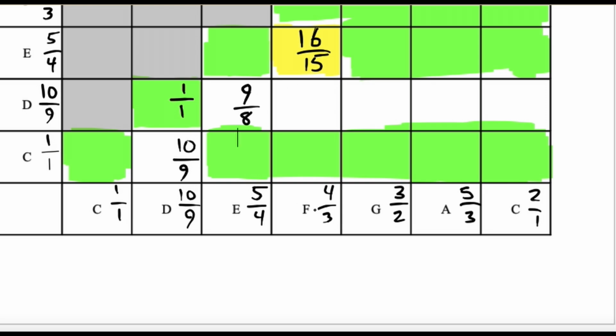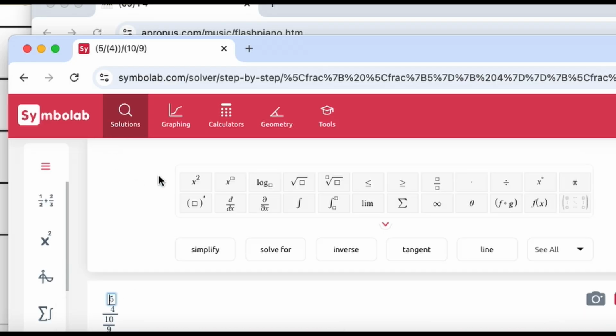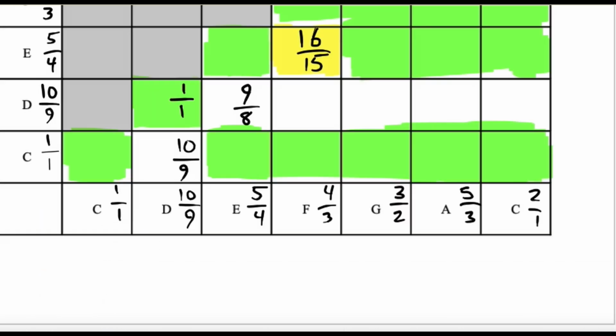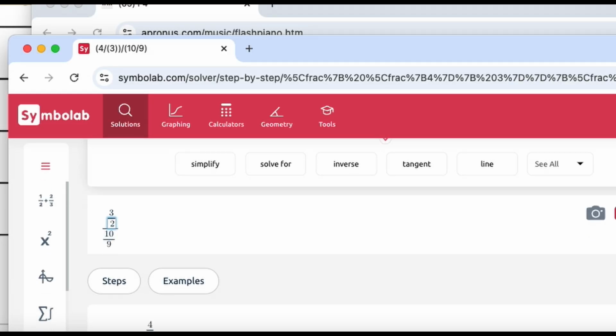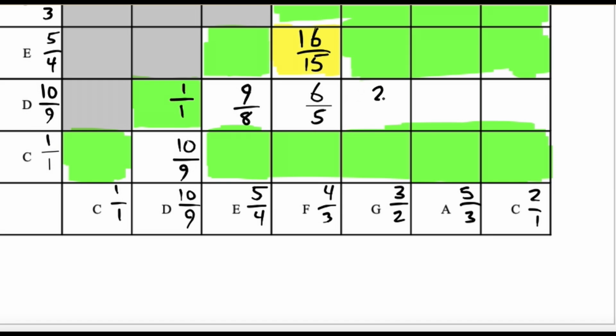Now let's do 4/3 divided by 10/9. Six fifths, not bad. Now 3/2 over 10/9. Uh-oh. 27 over 20. Not really good. So these ones are good.